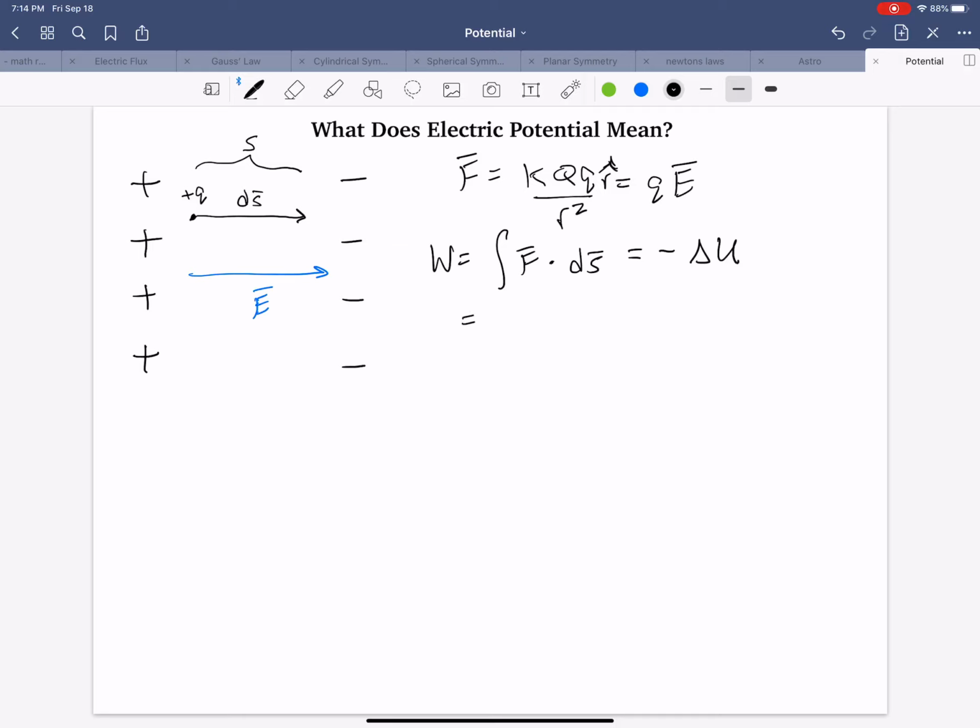So let's put that into our integral, keeping the vectors for now, ds, and I allege that that's equal to negative delta U. That U isn't necessarily mgh. It's just some change in potential energy. For right now, I'm going to keep it as a capital U. And I'm going to rearrange this a little bit. I'm going to bring the q to the right side and the negative to the left, turning the expression into the following.